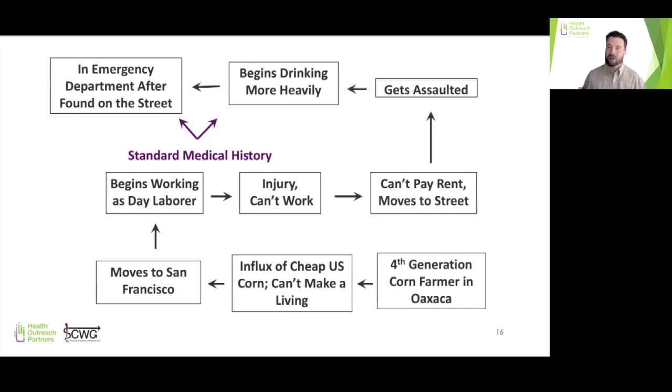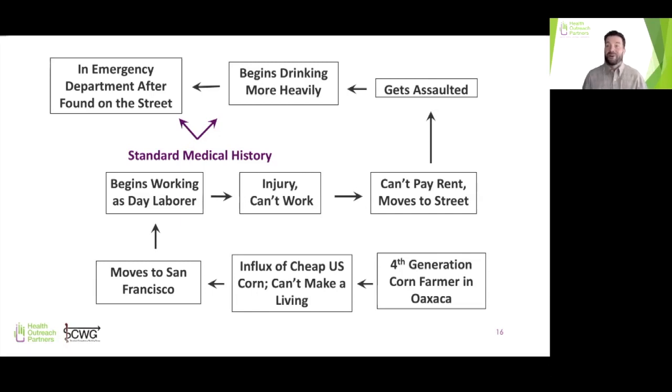When he can't work, he can't pay rent in a city with extremely high rent rates. Therefore, he has to move out to the street. When he's on the street, he begins drinking more heavily. He's assaulted while living on the street, which leads to more heavy drinking to deal with the trauma, which eventually brings what we know in that medical note, where he arrives in the emergency department unconscious.